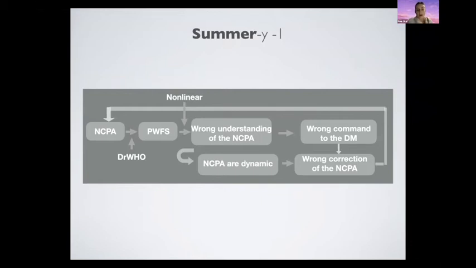Still, it's not 100% good, so it gives a partially wrong command to the deformable mirror, and therefore a wrong correction of the NCPA. Then we go back and forth as the algorithm proceeds and as the observation keeps going, and we reach a better understanding and a better correction of those NCPAs.